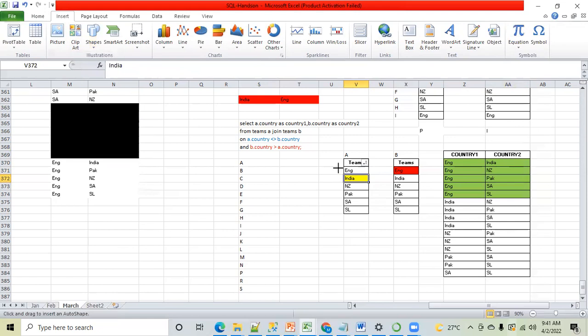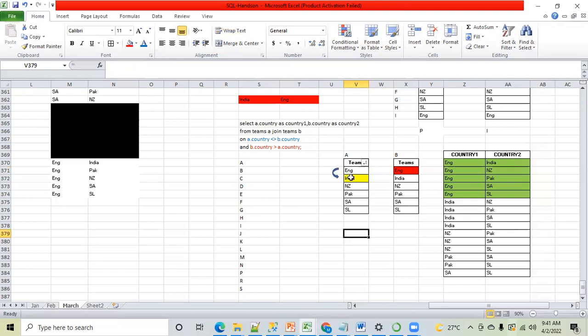Suppose this India will join with England. You will get a new record like India with England. Already you have covered England with India here. Correct, no? Now if this India does a handshake with England here, you will get this record.